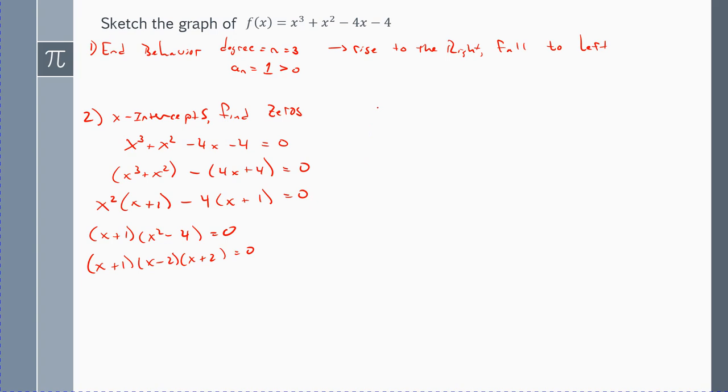So you have x plus 1 is equal to 0, or x minus 2 is equal to 0, or x plus 2 is equal to 0. So that means I have x-intercepts at x is equal to -1, x is equal to 2, and x is equal to -2. All of them have multiplicity 1.